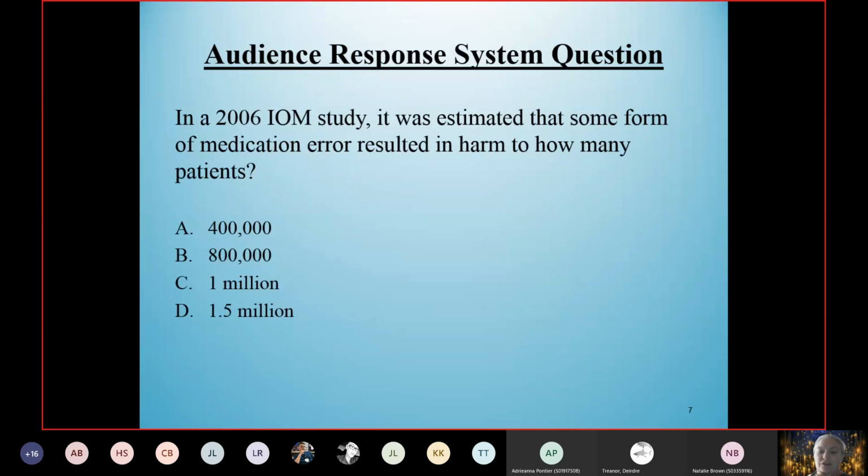So the answer is actually D as in dog, 1.5 million.